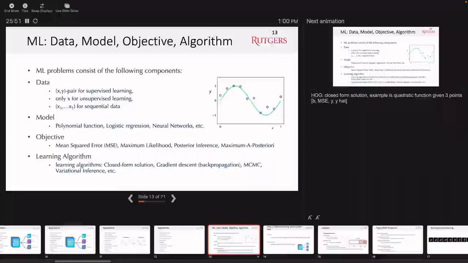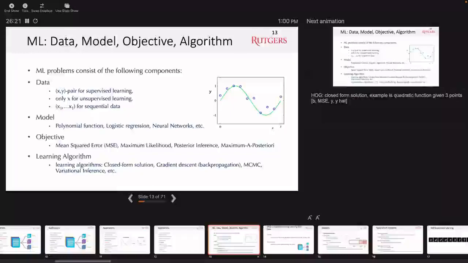How do you learn these coefficients? How do you know what's the best choice? This involves a learning algorithm. The learning algorithm will initialize these parameters and then use different steps to get you the optimal parameters, the optimal coefficients in the case of a polynomial function.